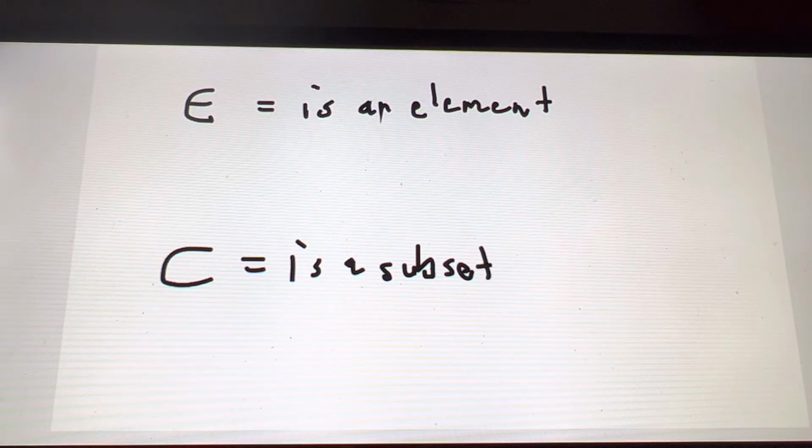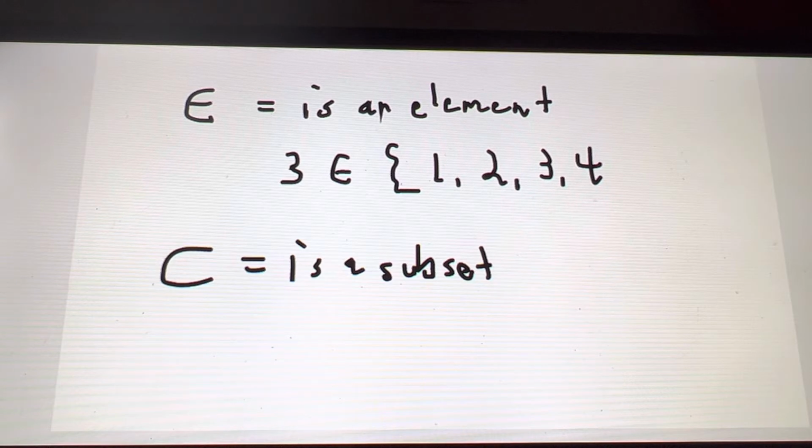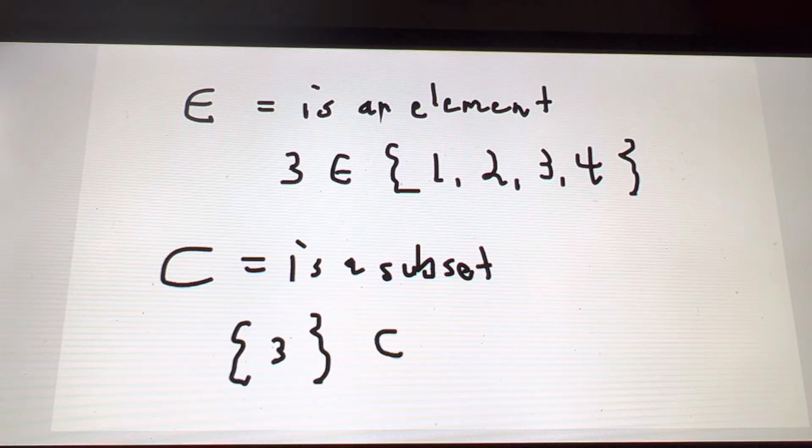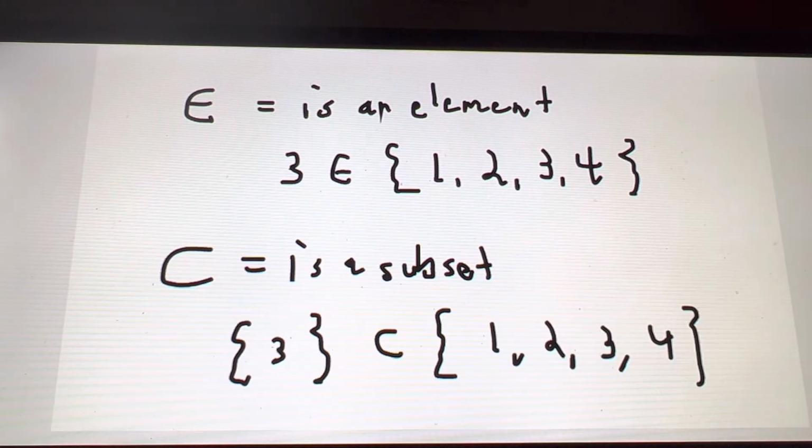So the number 3 is an element of the set {1, 2, 3, 4}, because it's literally in there. But the set {3} is a subset of the set {1, 2, 3, 4}, because it's a set of elements, but it's smaller than the original one, and everything in it is in the bigger one.